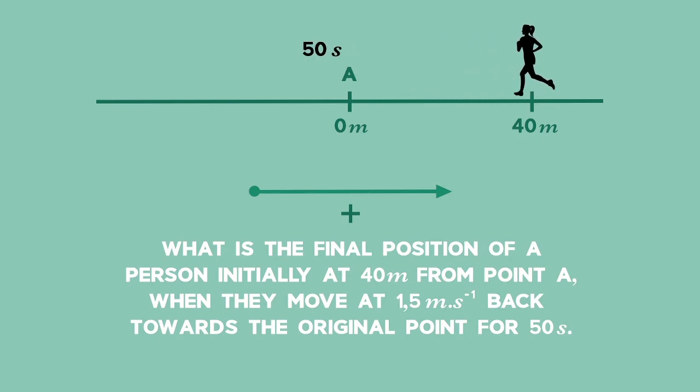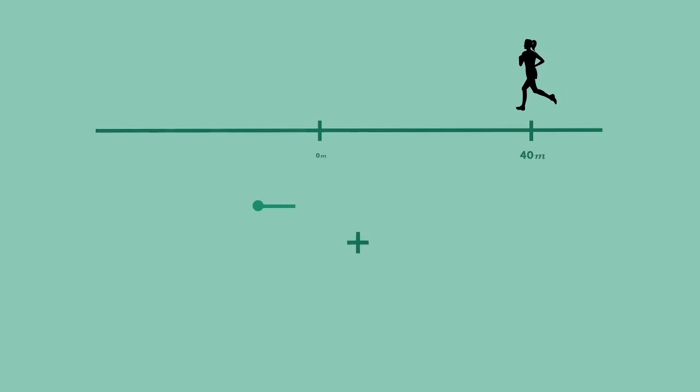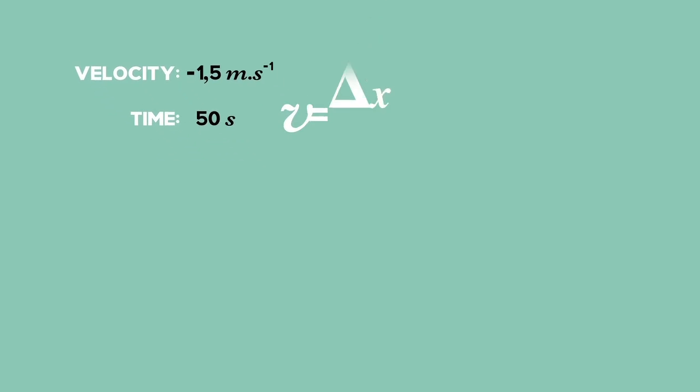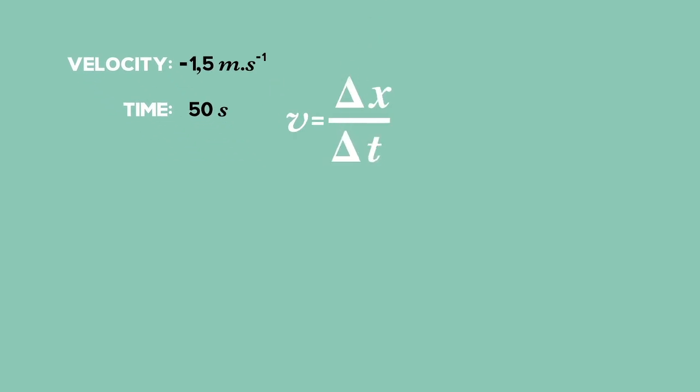So, when someone starts at a positive position of 40 meters, that means that they are 40 meters in the positive direction. So, if they are walking to the left in the picture at a velocity of 1.5 meters per second for 50 seconds, let's use the basic calculation for average velocity, but let's make sure that the velocity has the right direction.